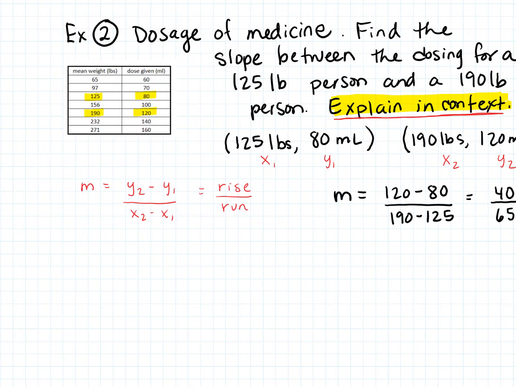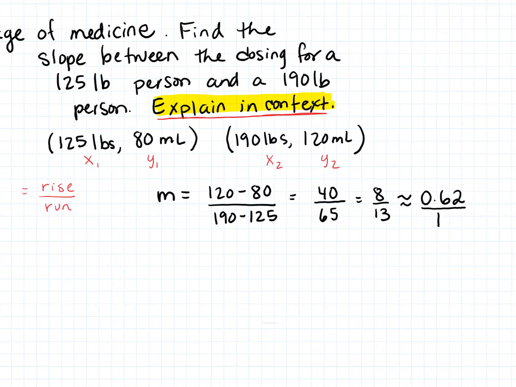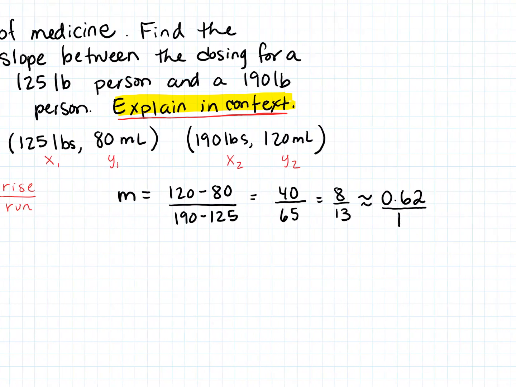On the table, the units are given at the top, and these are our x's and these are our y's. But if we wrote them right on the ordered pairs, it becomes easy to say, what is the numerator? The numerator here is in milliliters because those are our y's, and the denominator is in pounds. So if I'm going to write this in context, we're talking about a number of milliliters per pound.